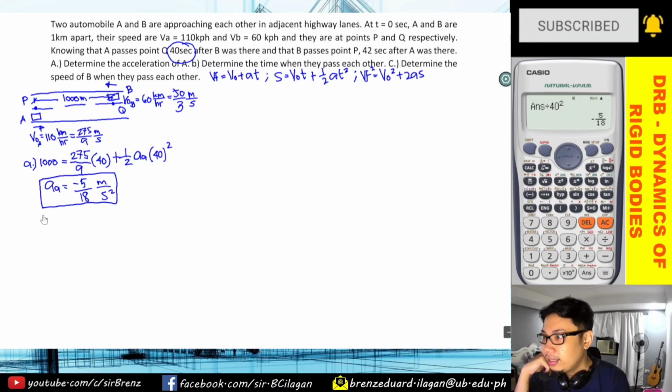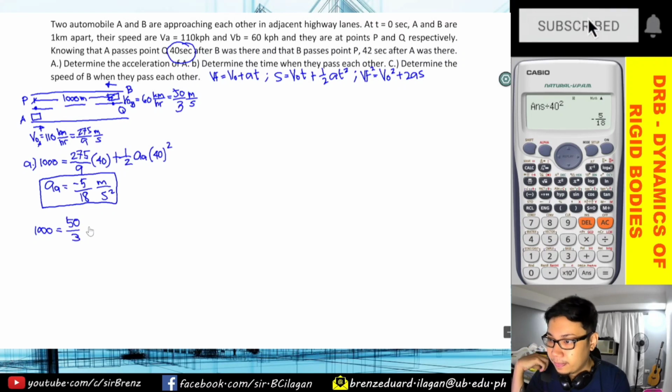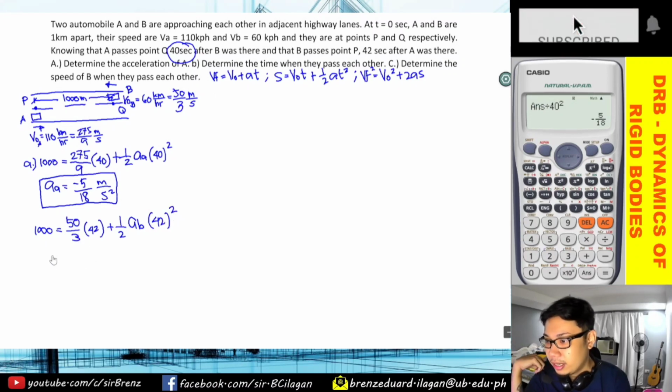So, kunin na rin natin guys yung acceleration ni B. Ano? So, ganun lang din naman. Same equation tayo. So, ano nga yung kay car B? So, 42 seconds. So, 42. Then plus 1/2. So, acceleration ni B times 42 squared. So, tingnan natin kung sa pabilis si car B. Pero sa tingin ko, mag-gain ng acceleration.